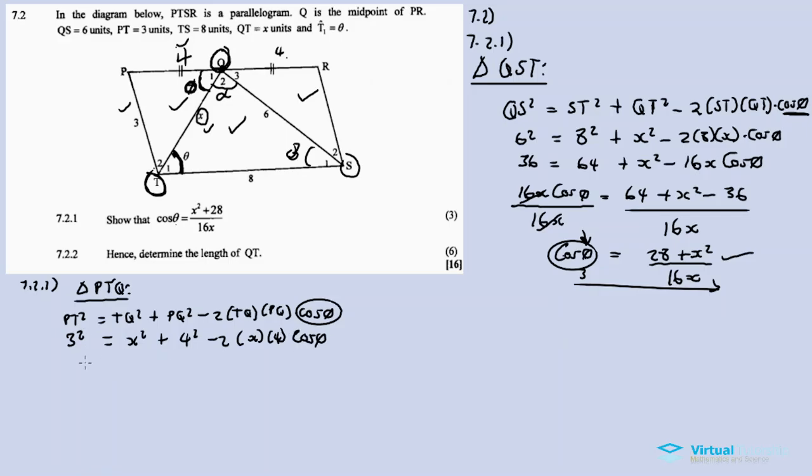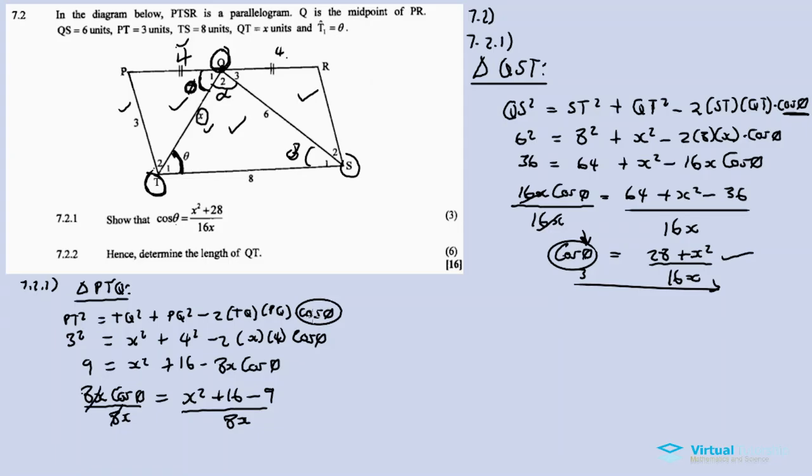So 9 equals x squared plus 16 minus 8x cos theta. Then transpose this just like we did on the previous question: 8x cos theta equals x squared plus 16 minus 9, and divide both sides by 8x.